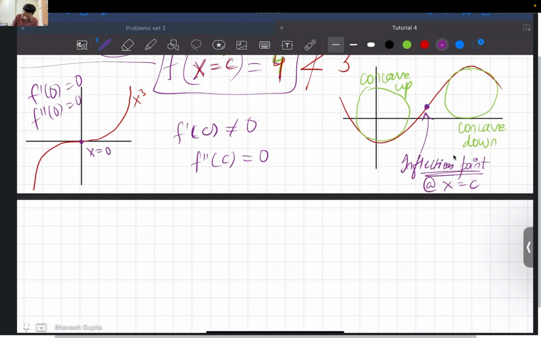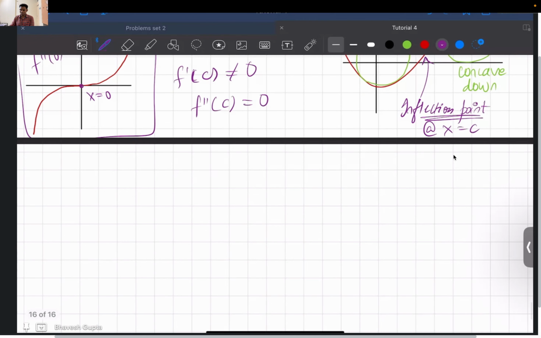So that's a special case where the first derivative is also 0, but in general the first derivative might not be 0, while the second derivative is for sure 0, because at the inflection point the behavior of the curve is like a straight line, and a straight line has a double derivative 0. That's a simple thing. So that's the idea and the notion of something called an inflection point.